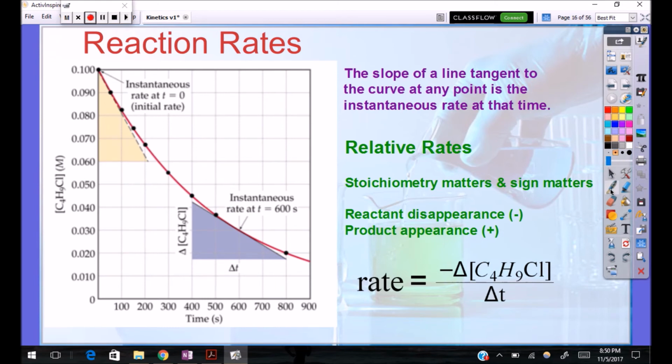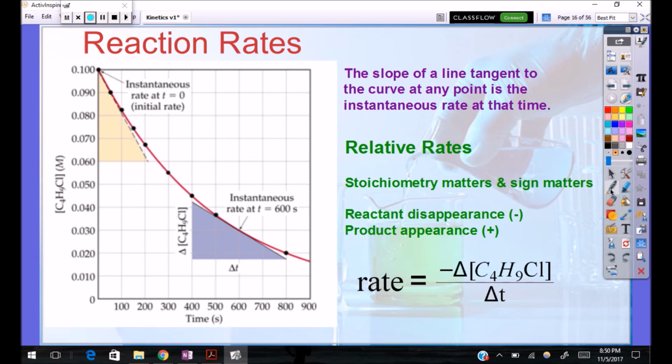Yes, my friends that have taken calculus, tangent lines. That's exactly what I'm saying. So, if you were to take that point and draw a line tangent to that specific point, you could figure out the instantaneous rate at that time.